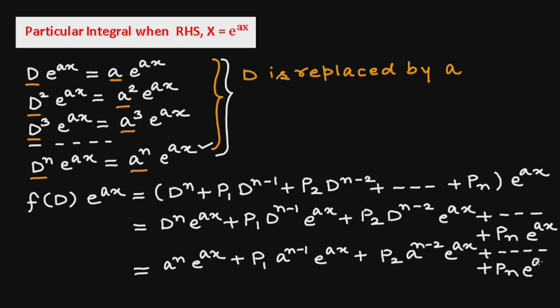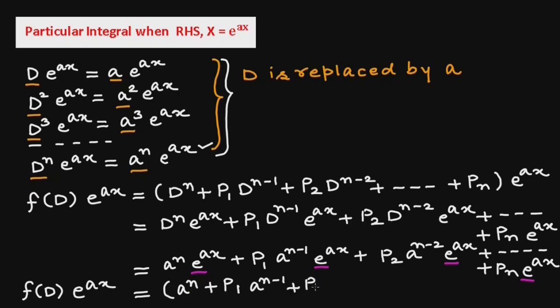Now taking e raised to ax common from each term, it will be f(D) e raised to ax equals a raised to n plus p1 a raised to n minus 1 plus p2 a raised to n minus 2 plus so on and so forth plus pn into e raised to ax.